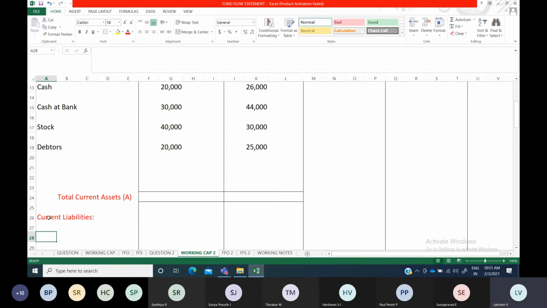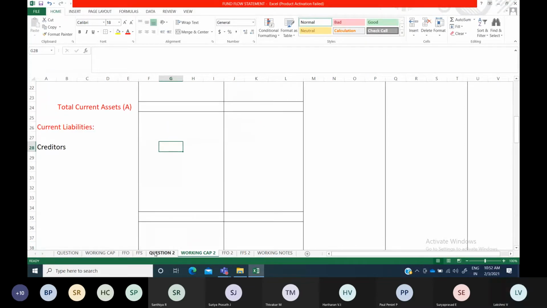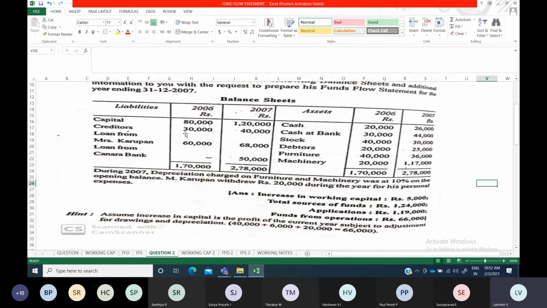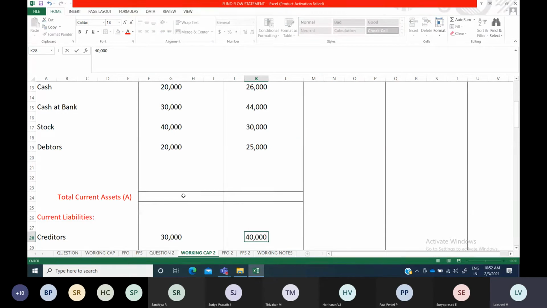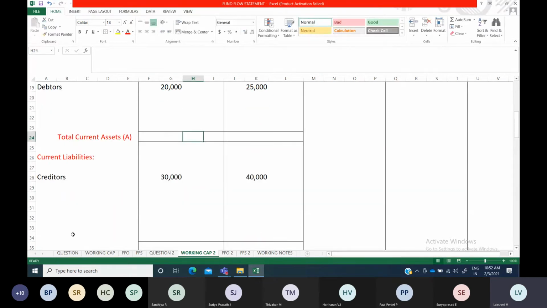Current liabilities, only creditors is there. So enter the corresponding amount here. So creditors 30,000 and 40,000. Now your current liability items are, that's it.